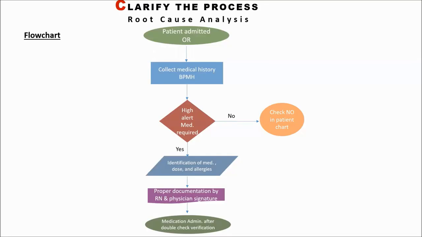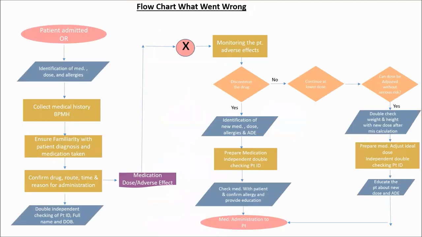But if yes, identification of the medication, the dose, the allergy, and proper documentation by the RN, the nurse, and the physician signature is mandatory. Here, the nurse is usually an anesthetic nurse, and medication is administered after double checking, that is, verification has happened. Unfortunately, that's where the flow chart went wrong.